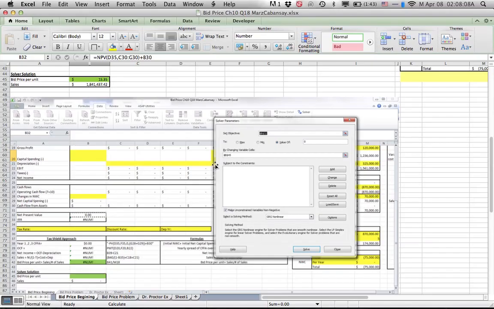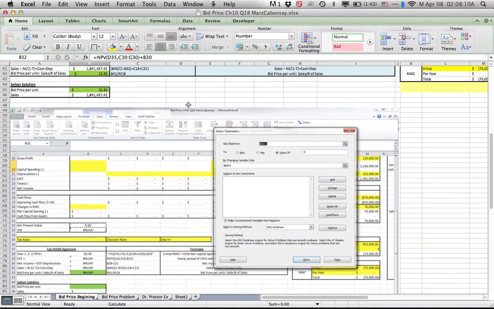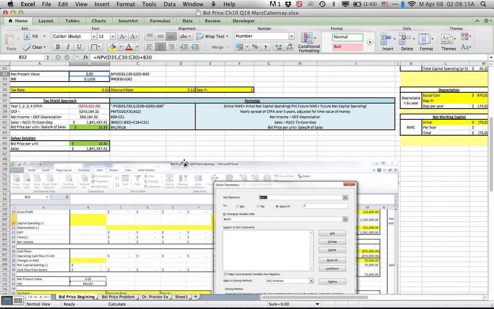Okay, so an alternative way to solve for the bid price per unit is to use Excel Solver. So first you would just set the objective, which is the net present value, to equal the value of 0 by changing the variable cells of the bid price per unit. Excel Solver gave us the 15.35, which matched our calculated bid price per unit of also 15.35.